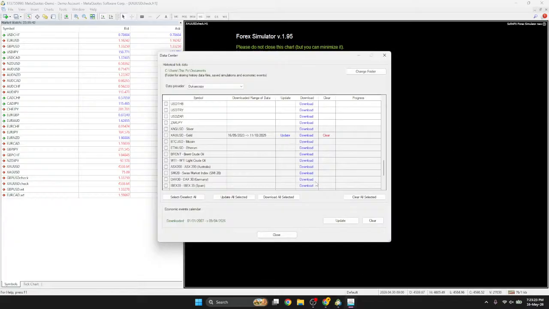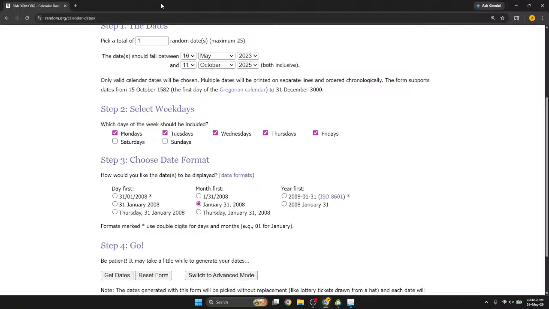So this is a new simulation session. We have data from this date to this date, and I selected both in my random calendar dates website. So let's get the dates.